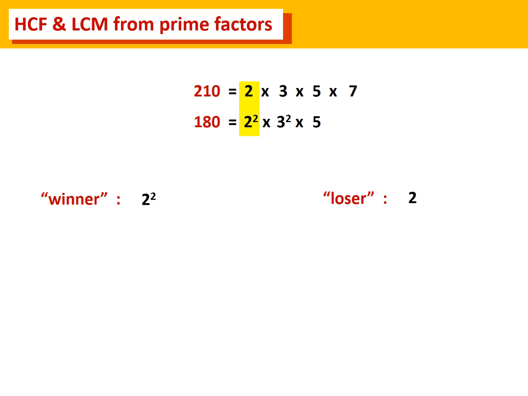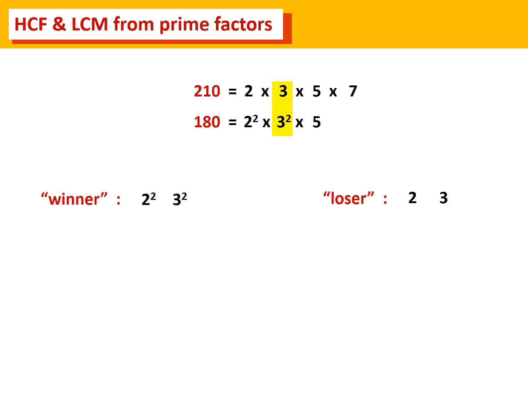in that little matchup. Then we do exactly the same with the next prime factor, which is 3, and we're comparing 3 in 210 with 3 squared in 180, and the winner of that matchup would be 3 squared and the loser would be 3.